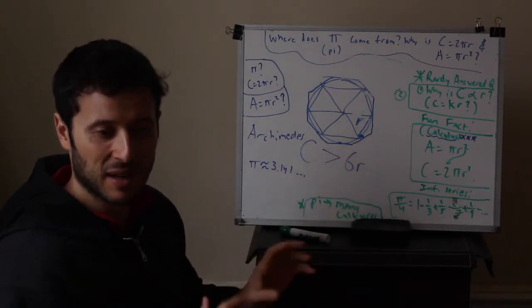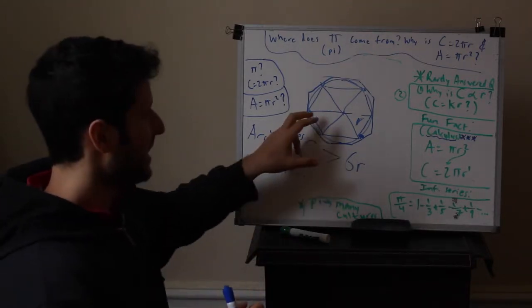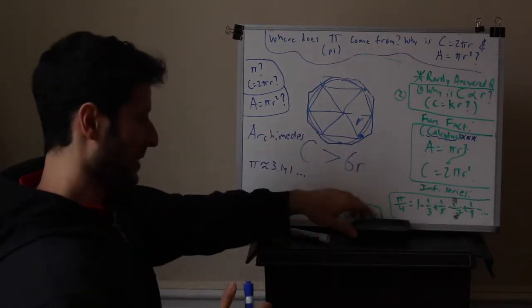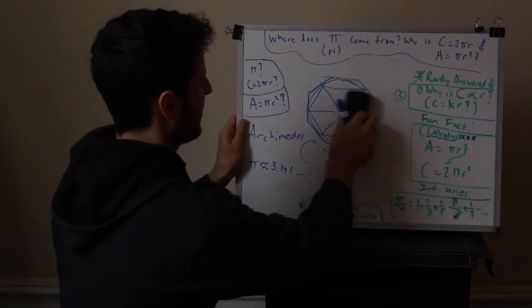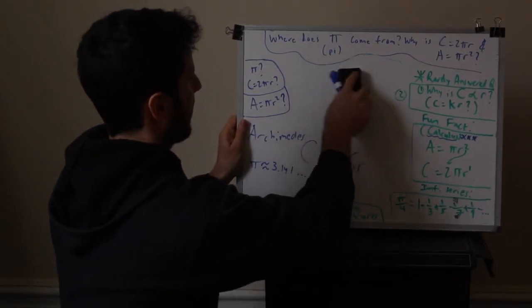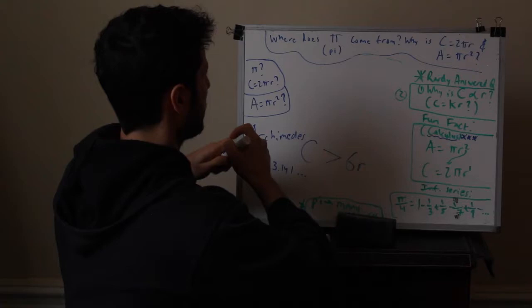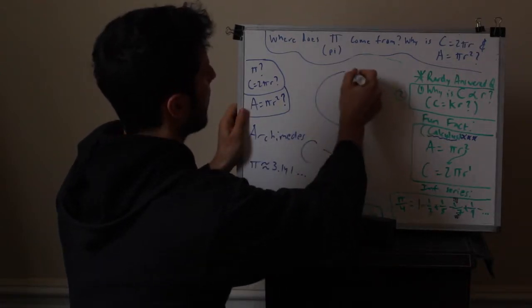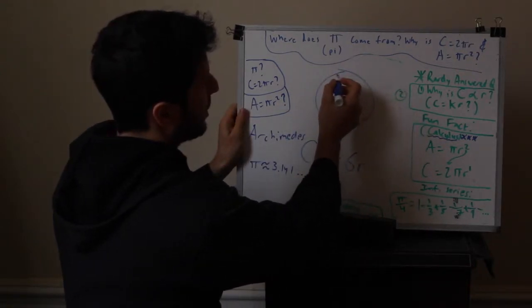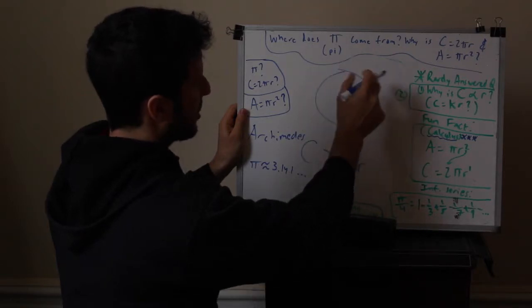Archimedes had some nice derivations, but the idea is if we take larger and larger polygons, so let's draw a different diagram. So here's our circle again. And we could think of it, whether you're doing an inscribed on the inside or circumscribed, doesn't matter.